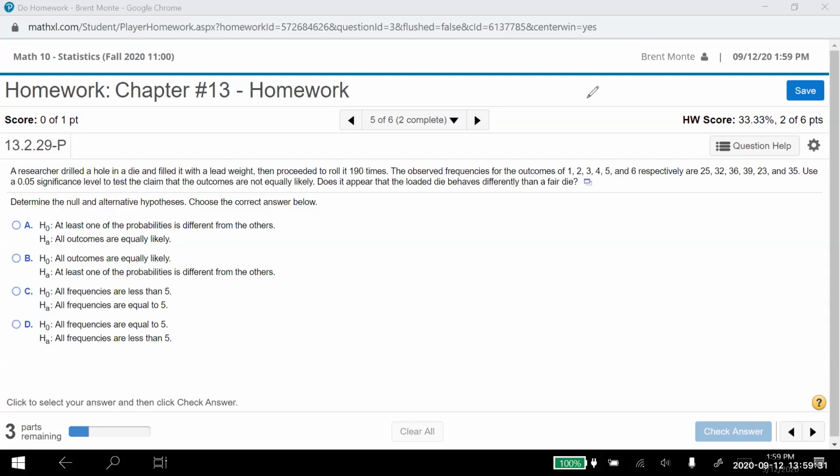Okay, so now let's answer the question. Does it appear that the loaded die behaves differently than a fair die? Okay, so the null hypothesis: all outcomes are equally likely. That would make it a fair die.